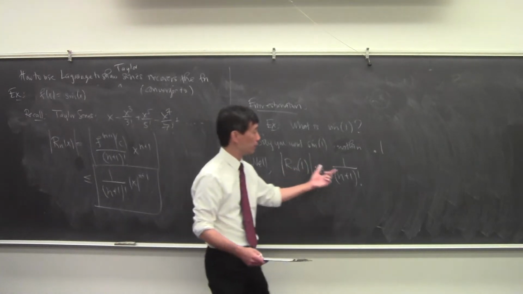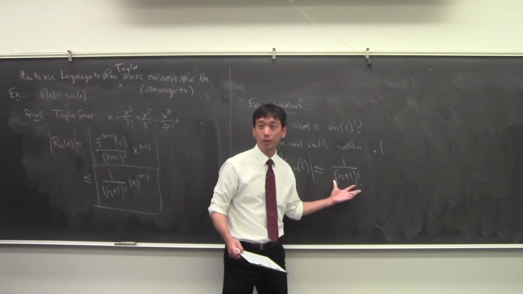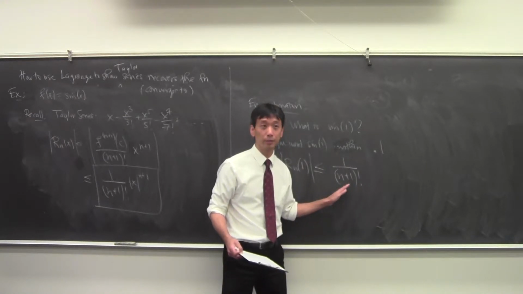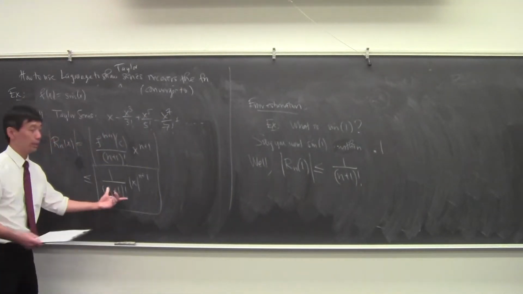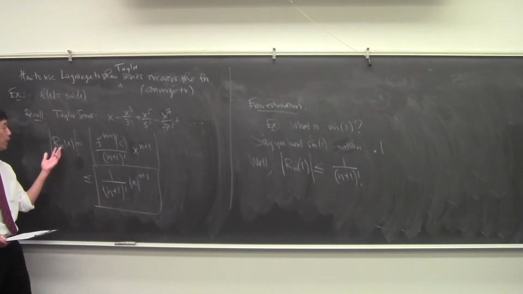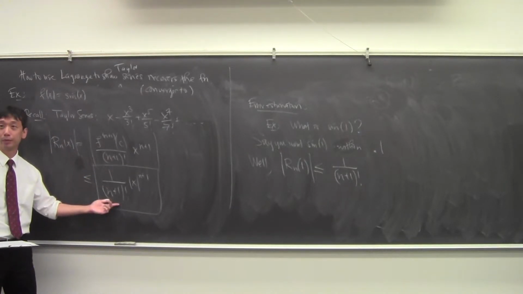So you got this 1 over n plus 1 factorial. Our remainder, our error was smaller than this. So when I'm letting x equal 1, I get 1 over n plus 1 factorial.